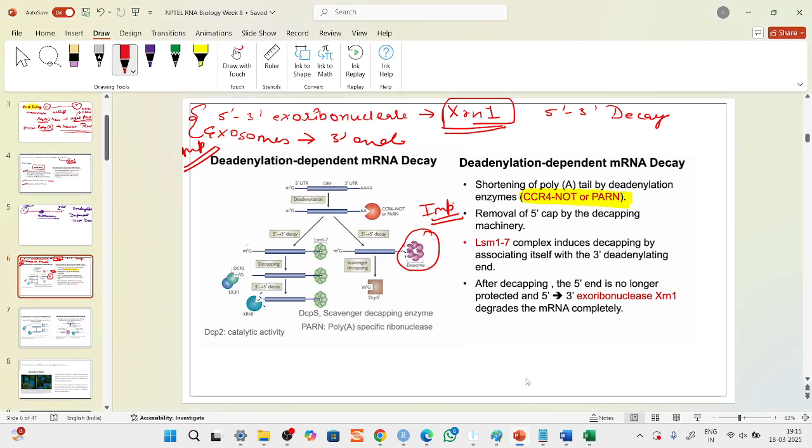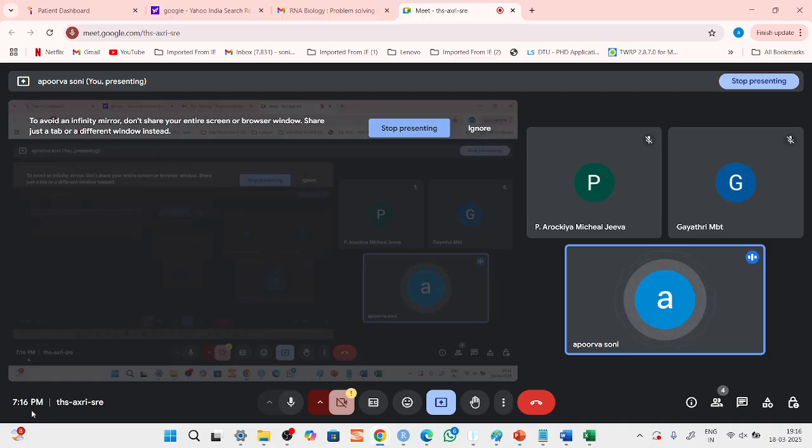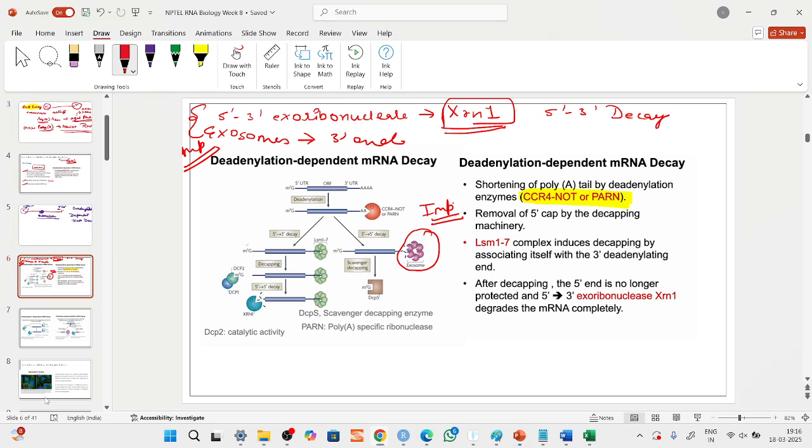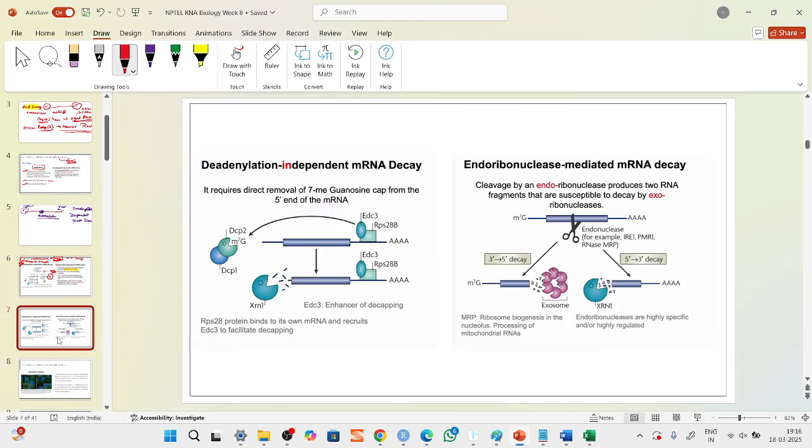For information, everything is important, but this is very much important from the point of view of your competitive exams also. That's why I want to give more time to it. So I hope this deadenylation dependent pathway is clear to you. Now we'll see the next one, which is the deadenylation independent pathway, and then endoribonuclease mediated mRNA decay.